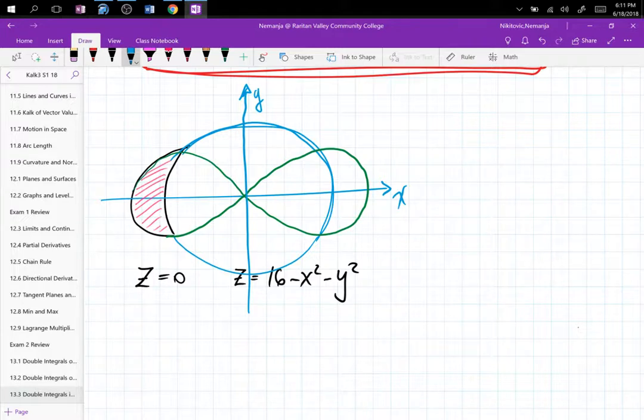To do this, I'm going to draw a representative pizza slice. This is d theta. Why am I drawing a representative pizza slice? This is an infinitely thin pizza slice. That is d theta, a separation of the angle, but infinitely thin. I don't know how to do this any other way.